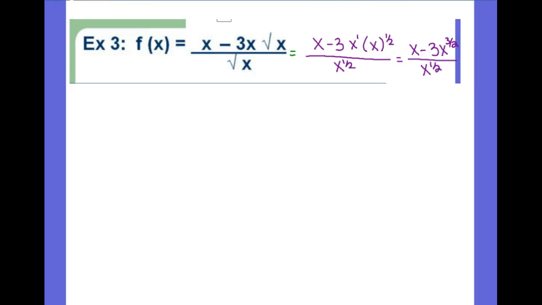So what we can do is we can take this one line further and say, okay, I have a single denominator. I can write it under all of my numerators.